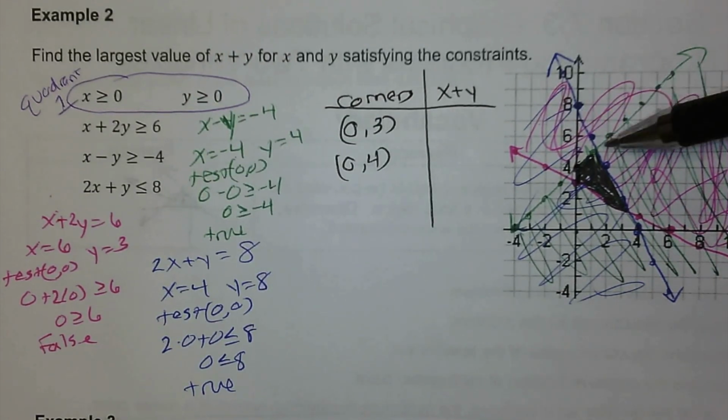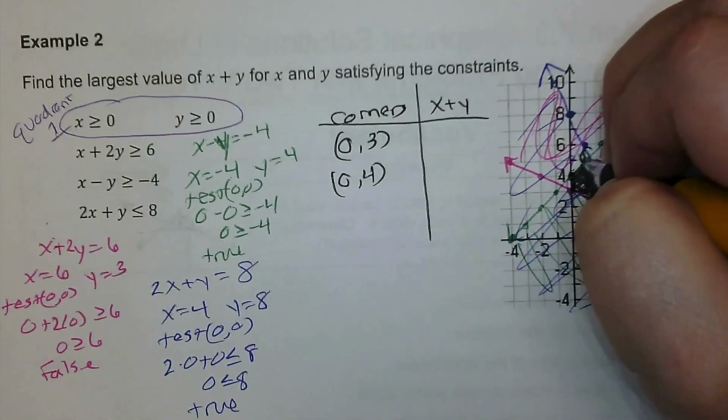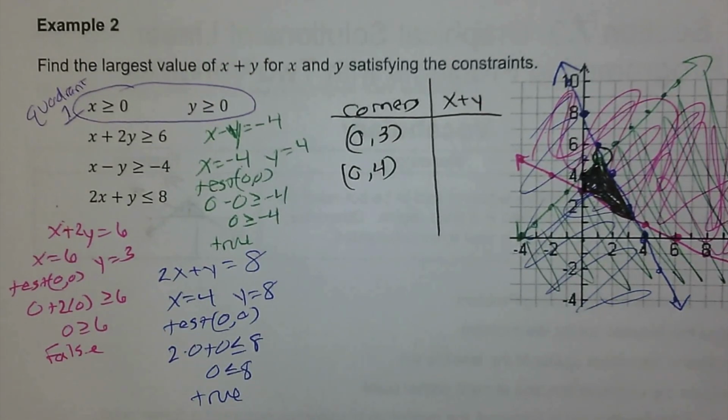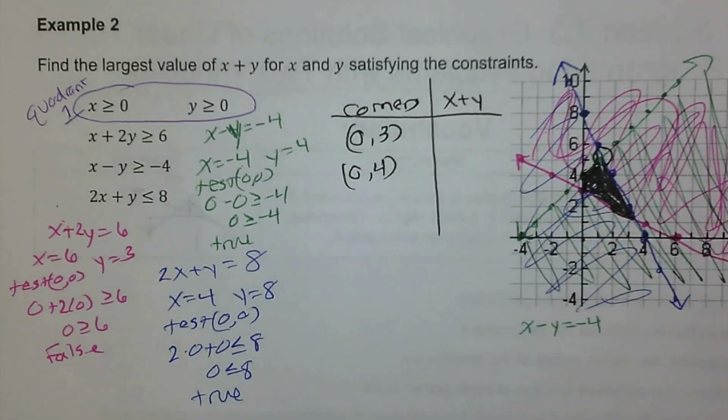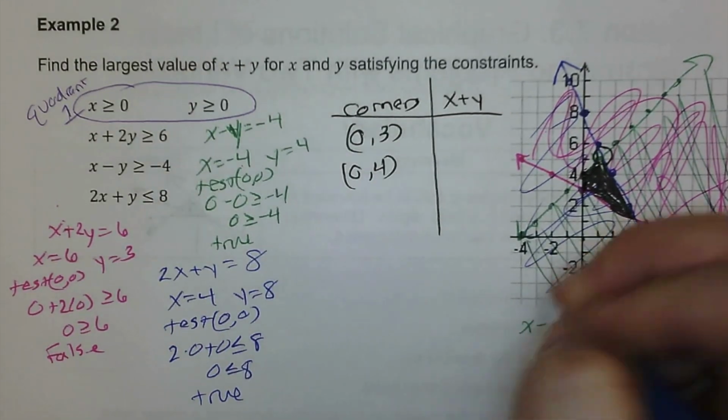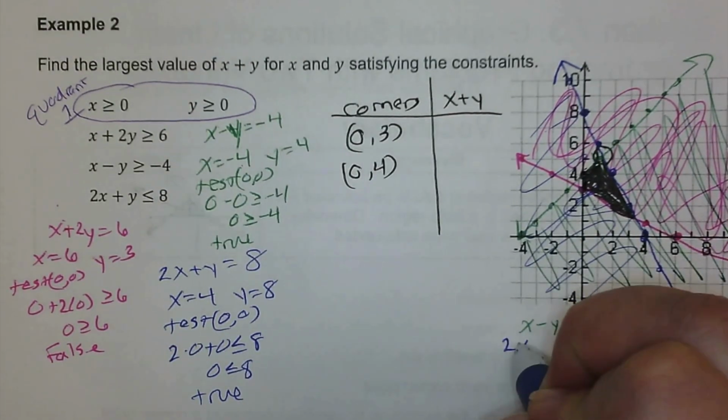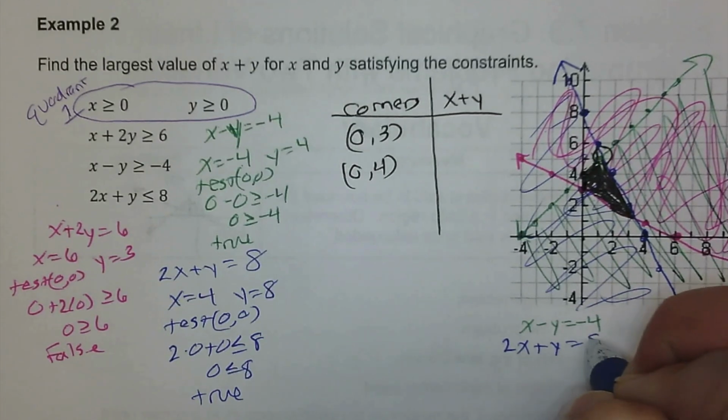The other two, this point right here, is not double dotted. Darn, that means we got to proceed. That is the green with the blue. That is x minus y equals -4 with 2x plus y equals 8.